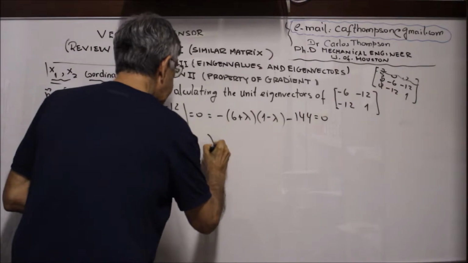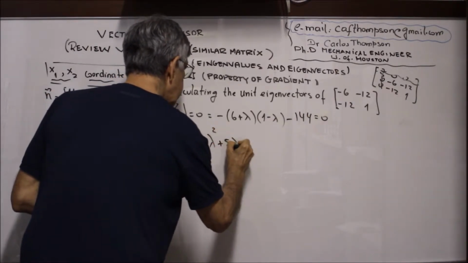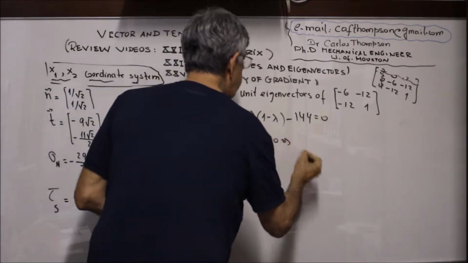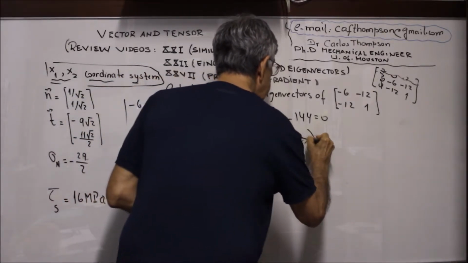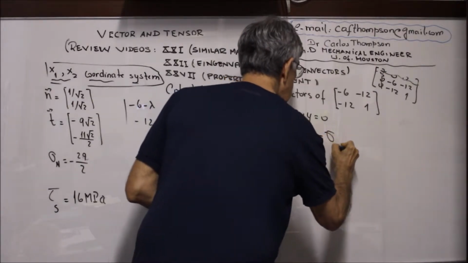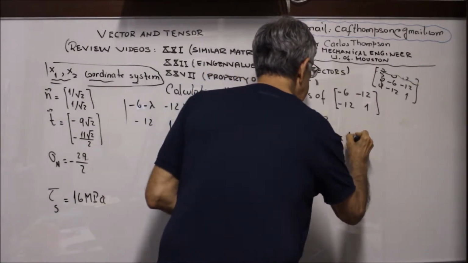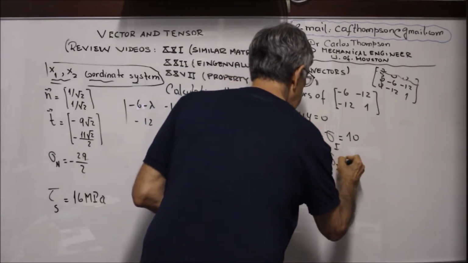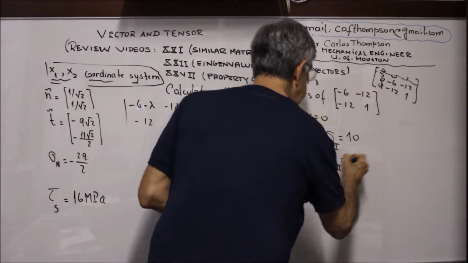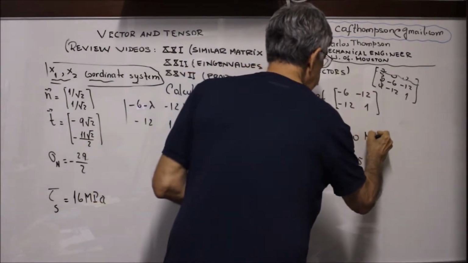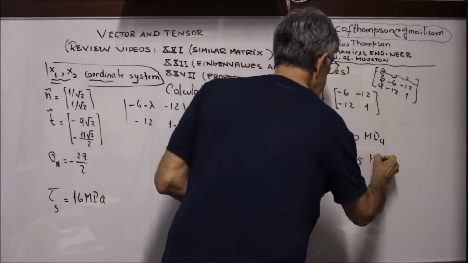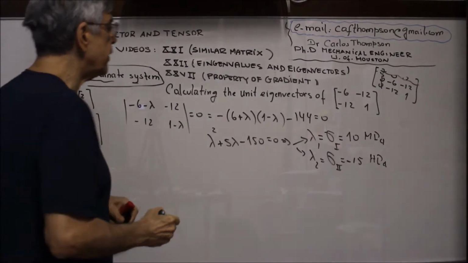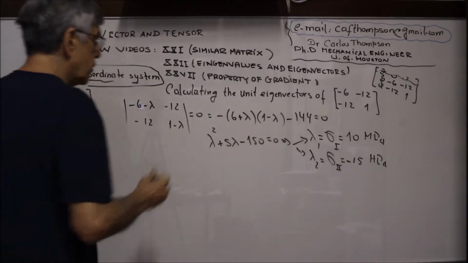So this will come to lambda squared plus 5 lambda minus 150 is equal to 0. So then we have lambda 1, sigma 1 is equal to 10, and lambda 2, sigma 2 is equal to minus 15. In this case, you put megapascal, okay?